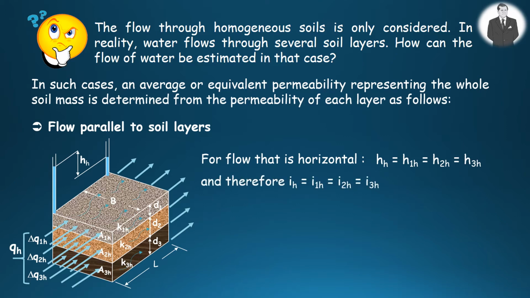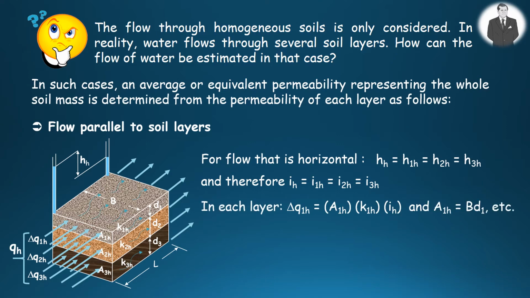So will be the hydraulic gradient. For each layer, the rate of flow of water can be obtained from Darcy's approach. For example, for the first layer, the rate of flow of water is equal to A times K times I.